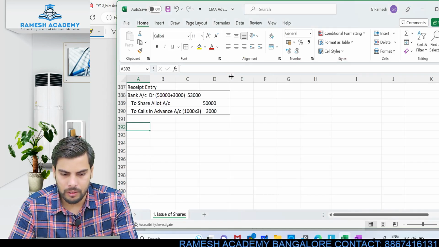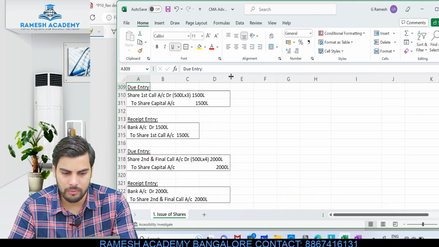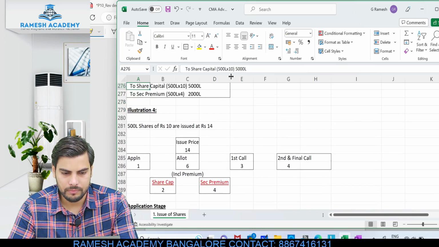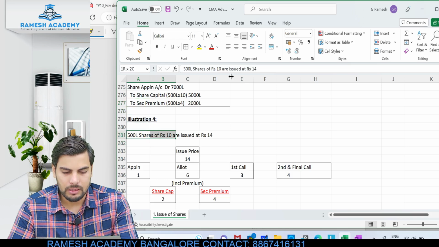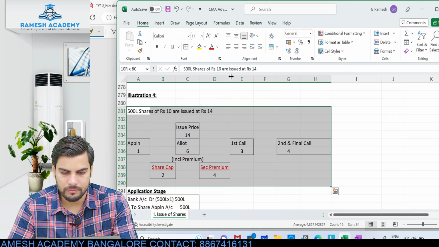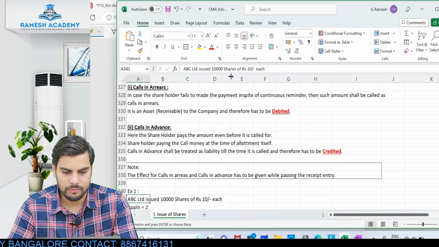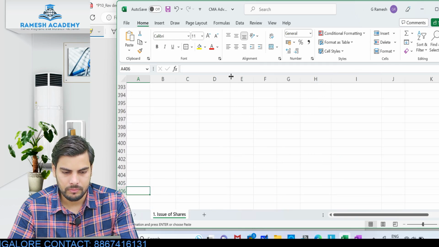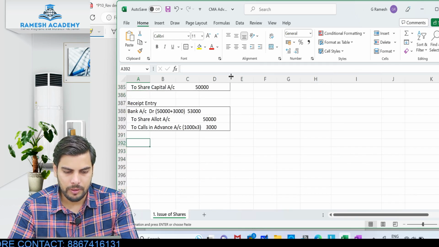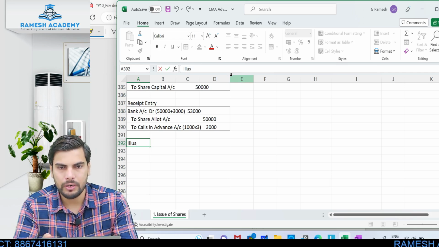Everything seems to be similar to the previous illustration, like issue price and all. So I'll just write it from here. Look at this, the same 500 lakh shares, they are issued at 14 rupees. This is similar to the previous illustration. Only thing is they have just inserted additional adjustment pertaining to calls in arrears.